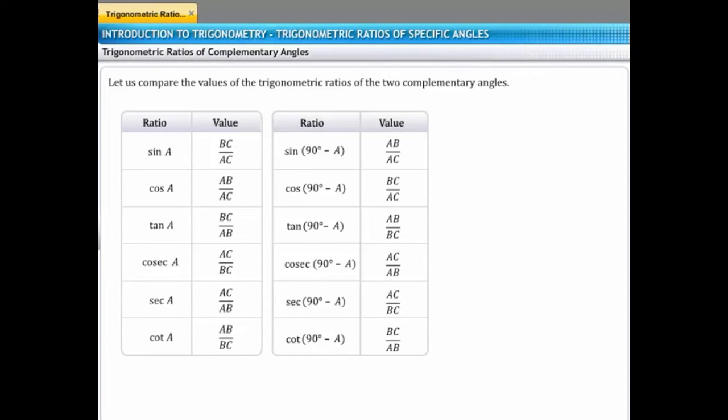Now, let us compare the values of the trigonometric ratios of the two complementary angles.